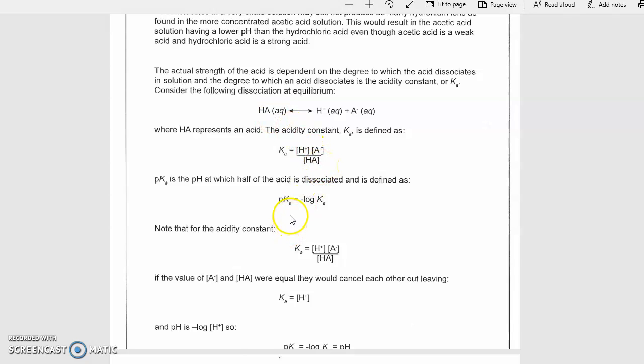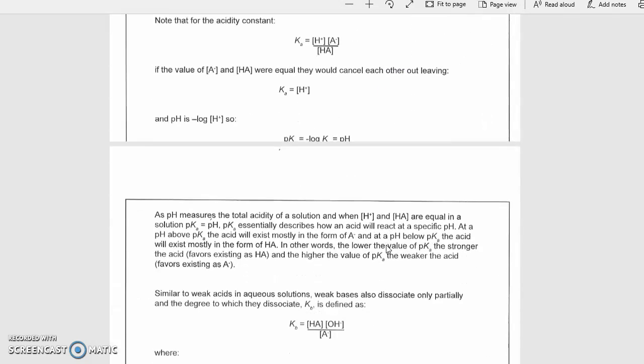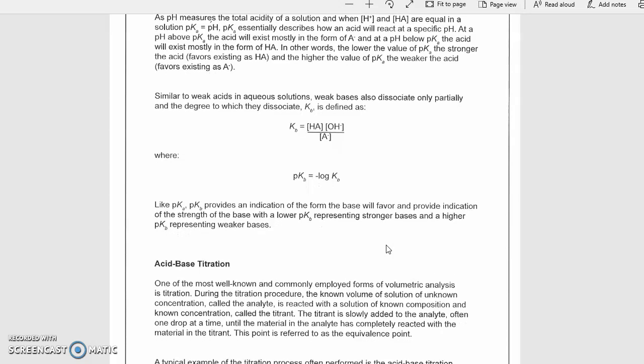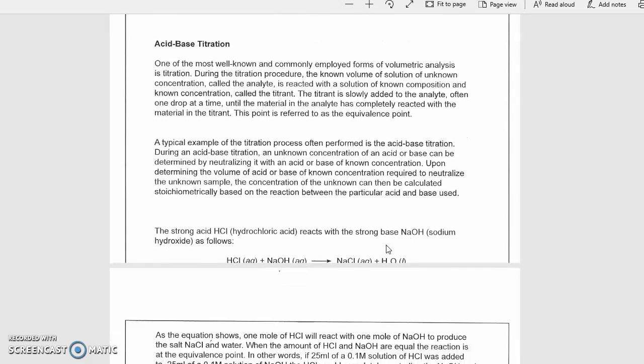So the Ka is going to be this right here: the hydrogen ion concentration times the anion concentration, and then you have the entire acid down here in the denominator. So that is the theory behind this. That's our quick review of what we covered last week.